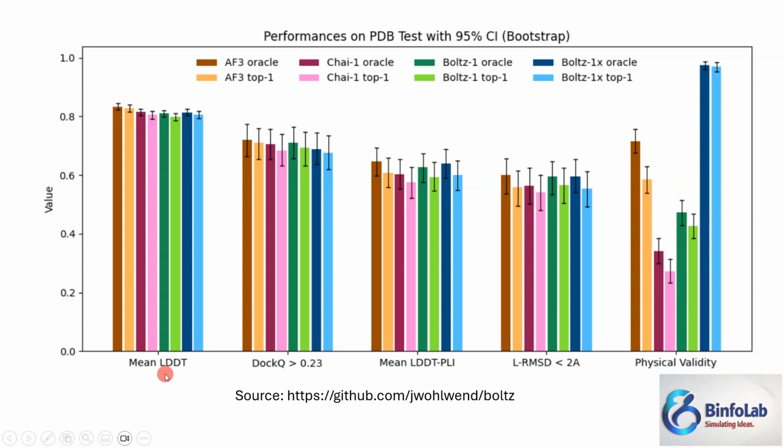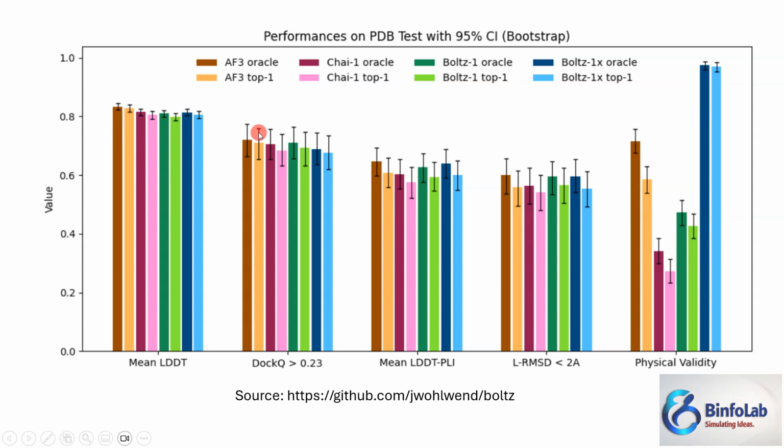And then they measured mean LDDT. I have explained this in detail in my AlphaFold video, with the DockQ score, the mean LDDT and the RMSD, and the physical validity, which I explained in my earlier slide. What does physical validity mean?